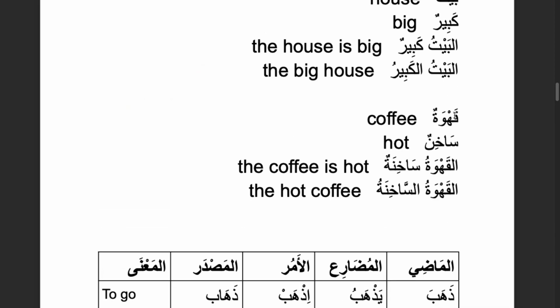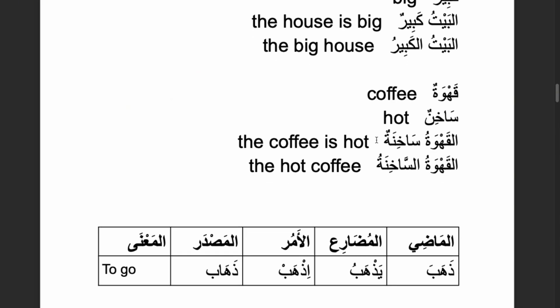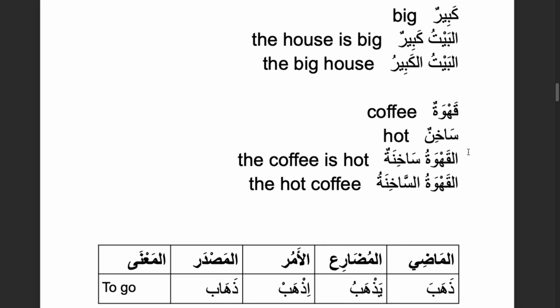Here we have qahwa, which is coffee, or qahwatun. Then we have sakhinun, which is a descriptive word here, an adjective, which is hot. If you want to say the coffee is hot, we say al-qahwatu sakhinatun. So we've said that qahwatun becomes al-qahwatu, because we're saying the coffee. Sakhinun becomes sakhinatun.